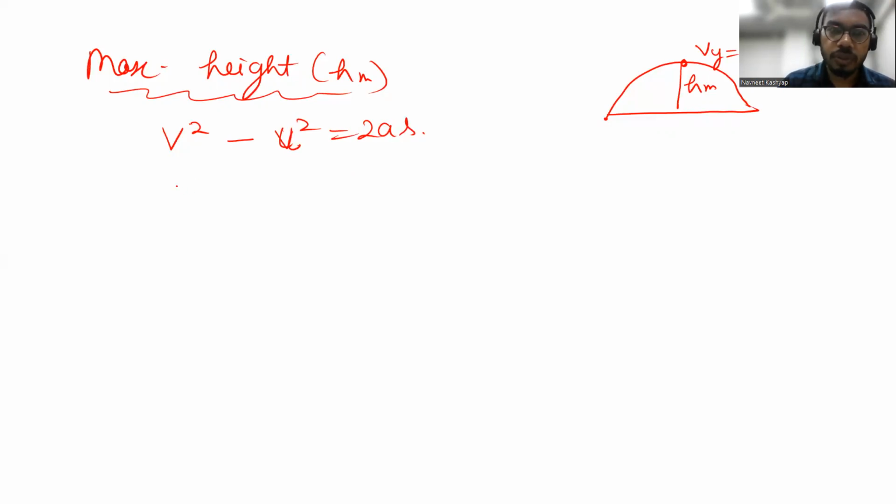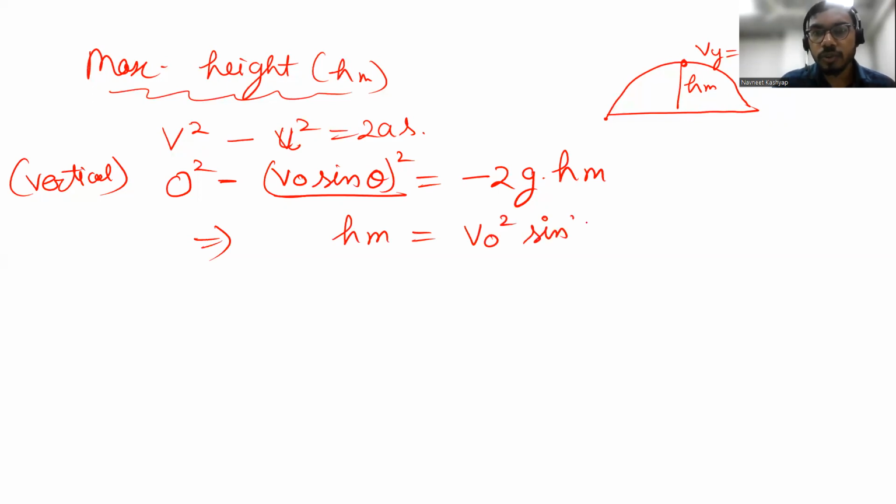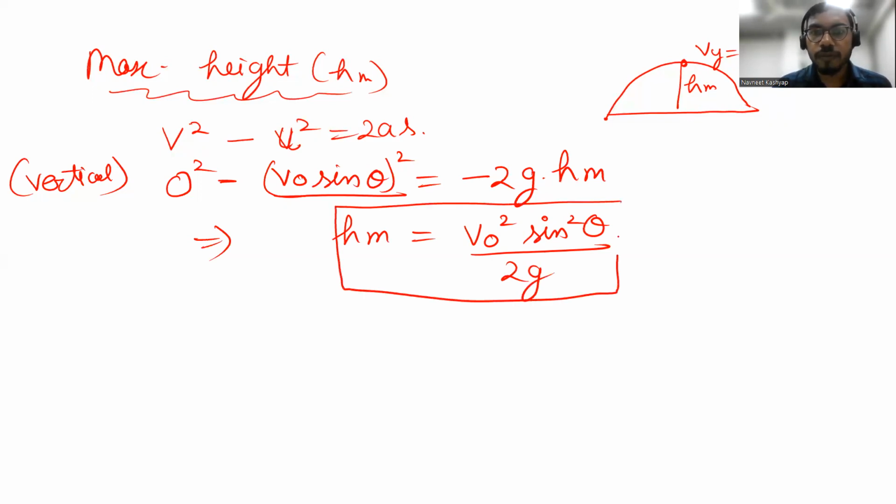What is the final velocity? 0, minus the initial velocity square. The initial velocity was v naught sine theta, because we are talking about the vertical motion. This is equal to minus 2 times g, and the distance is the maximum height that we want to find. So from here we simplify and transpose the terms. We get v naught square sine square theta divided by 2g. This is the formula for the maximum height.